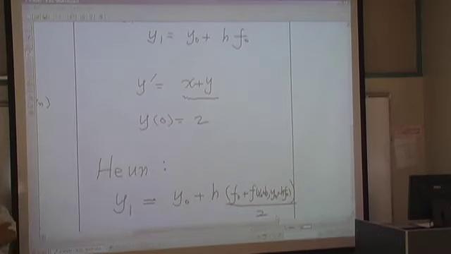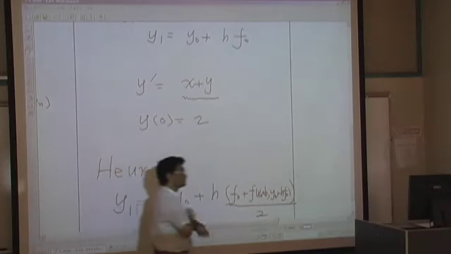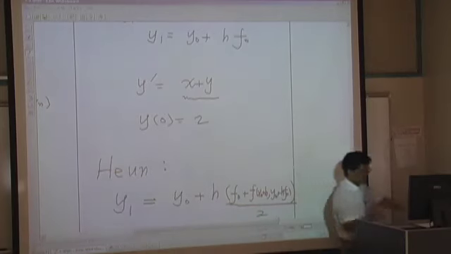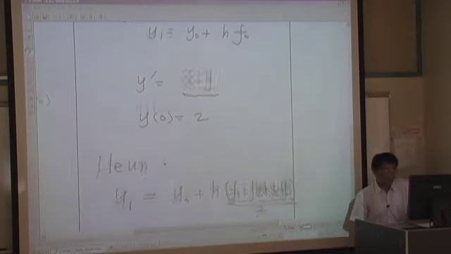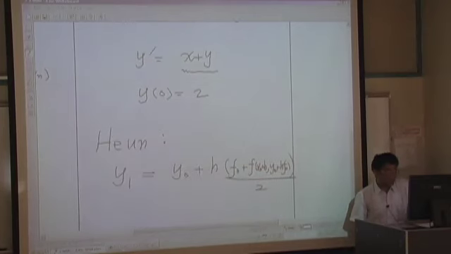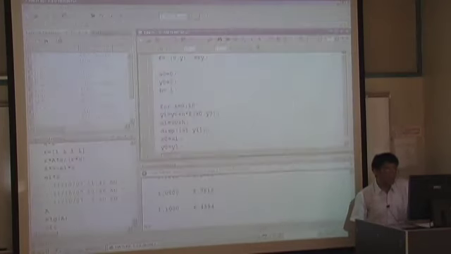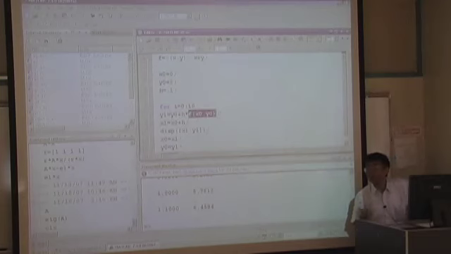Please take a look and ask questions. Then what do you get? In the program part, you need to change this portion appropriately. It's not very difficult to change this portion.